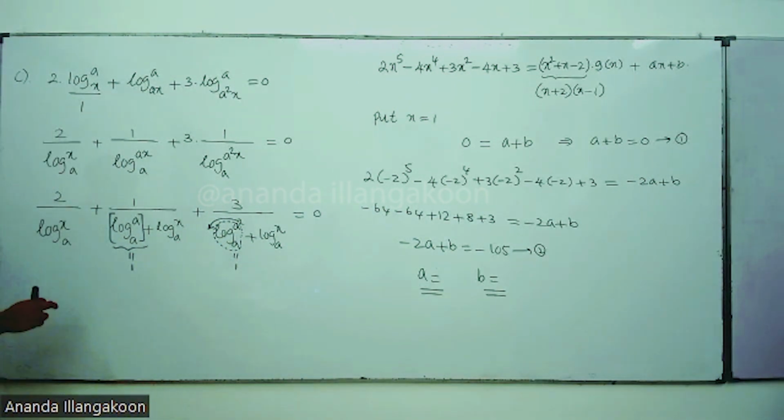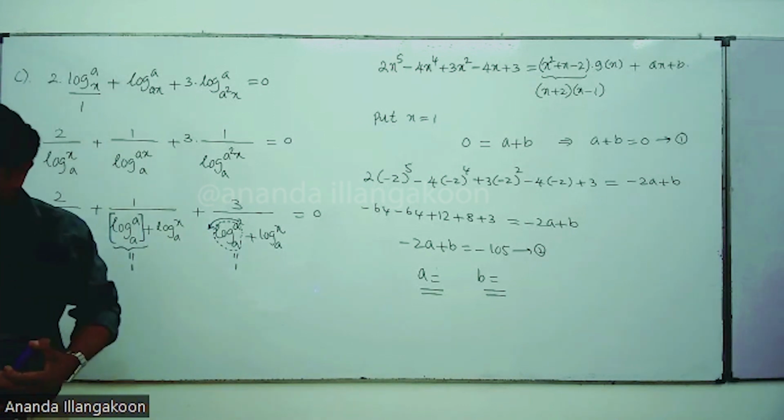Now what I do is, we have log x to the base a. This one we take as T. Let T equal log x to the base a. This way we take.